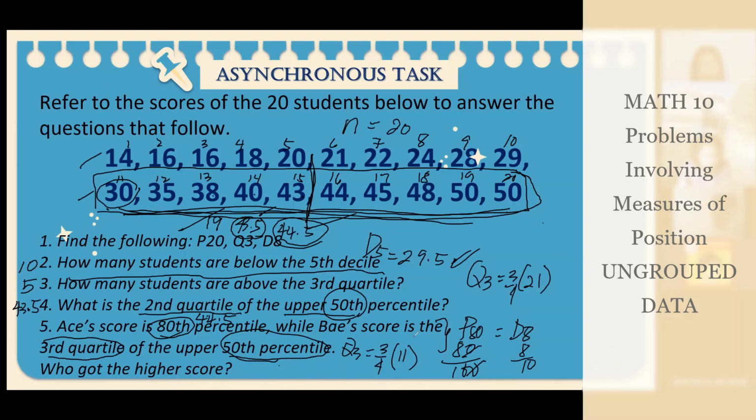What's the answer? 33 divided by 4, that's 8.25. So, considering only the upper, so it's between 8 and 9 score. So, ito pang 10, ito pang 9, ito pang 8. So, between this. Kaya ang score ni Bay is 48, 49, di ba? Between 48 and 50, that's 49. So, ang score ni Bay is 49.